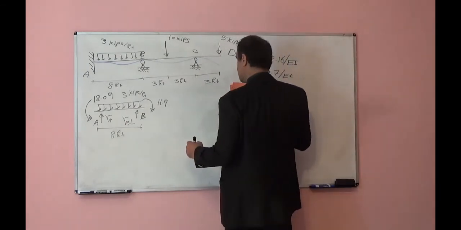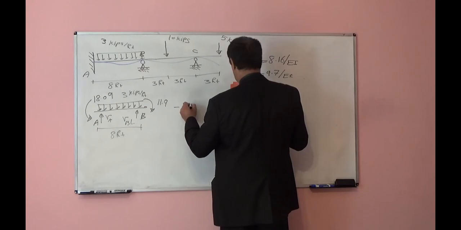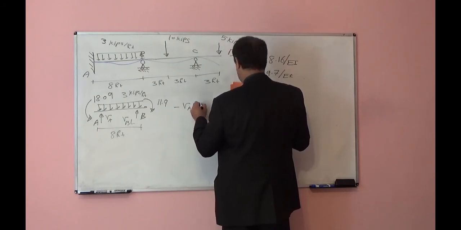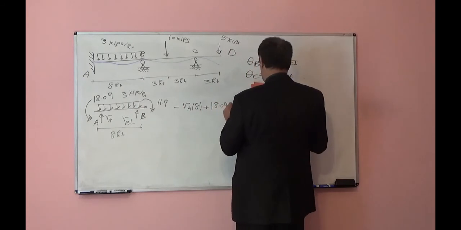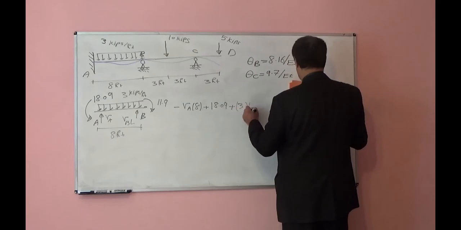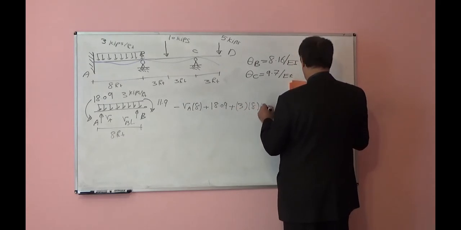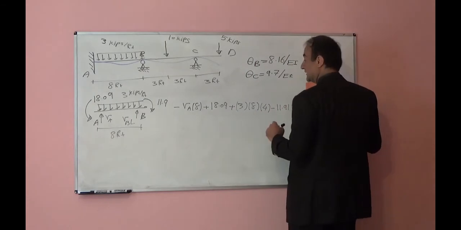If you take moment with respect to B, you will have negative VA times 8 plus 18.09 plus 3 times 8 times 4 minus 11.91 is equal to 0.